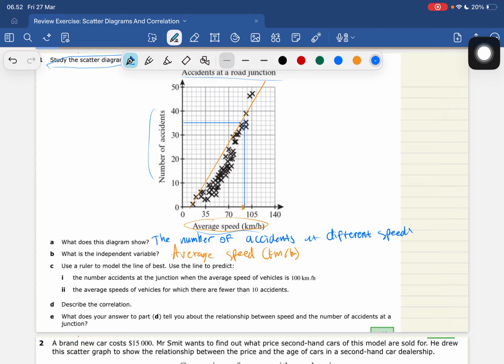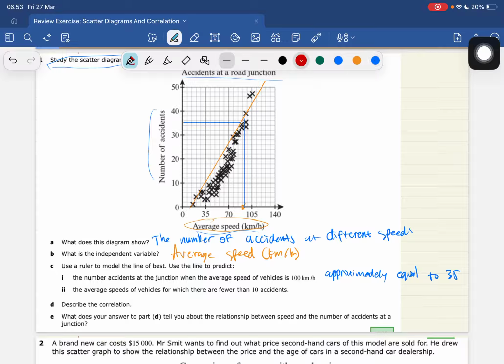When the vehicle speed is 100 km/h, this is approximately equal to 35 accidents. Next, the average speed of vehicles for which there are fewer than 10 accidents.